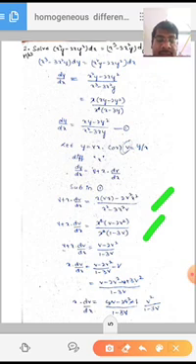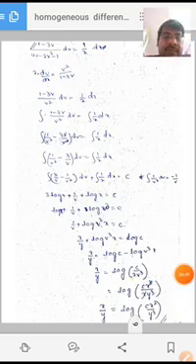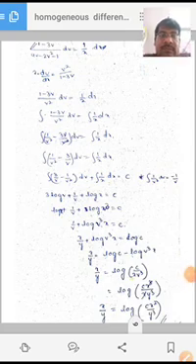After simplification, x dv by dx is equal to v square by 1 minus 3v. We have to separate the variables.